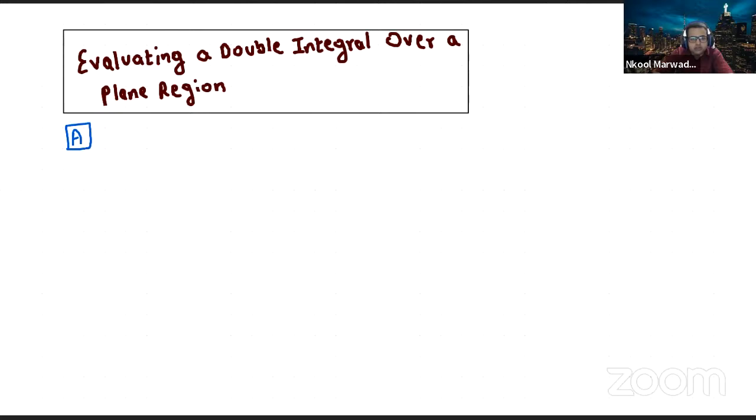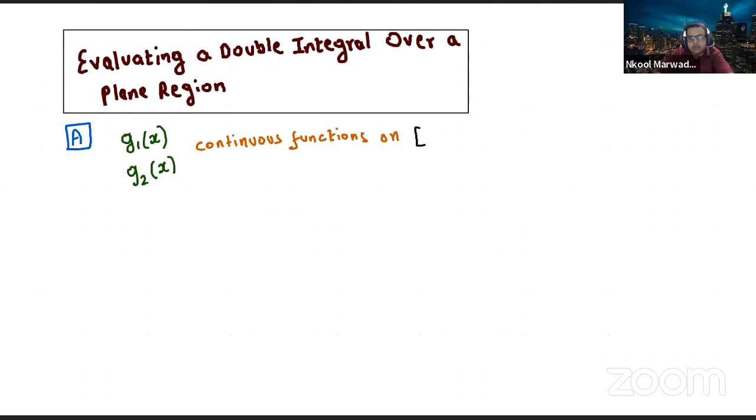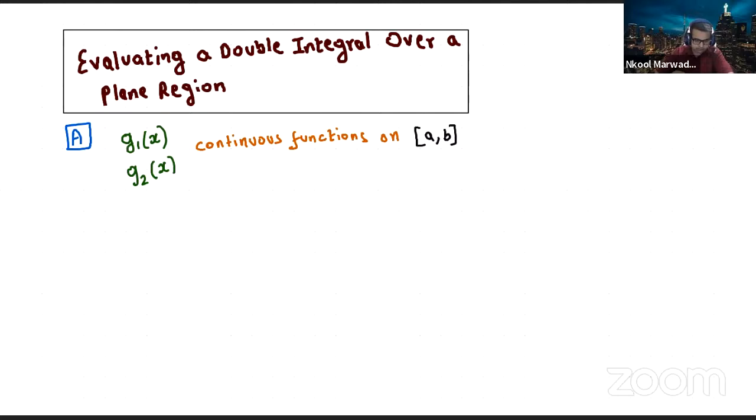Suppose we have two functions g1(x) and g2(x), and these two functions are continuous on the interval a to b. It means that in this closed interval [a, b], these functions are defined at all the points. There will not be any break. It is continuous.